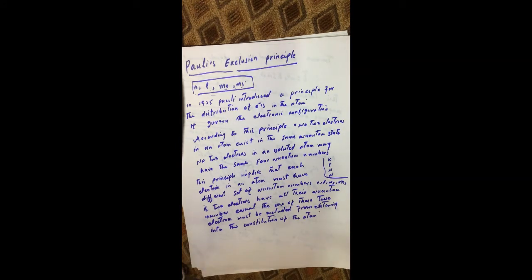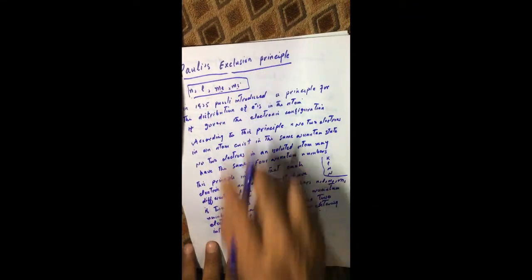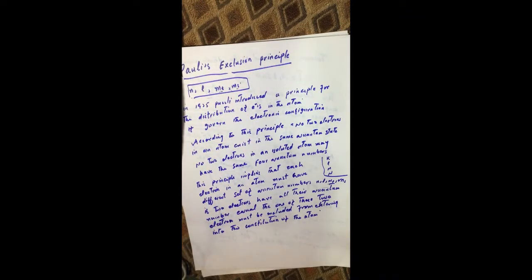Suppose there are 10 electrons in an atom, and two of them have the same n, l, ml, and ms values. Then one of the electrons we will exclude from the atom, or that electron cannot enter the atom. That's why the principle is called the exclusion principle.